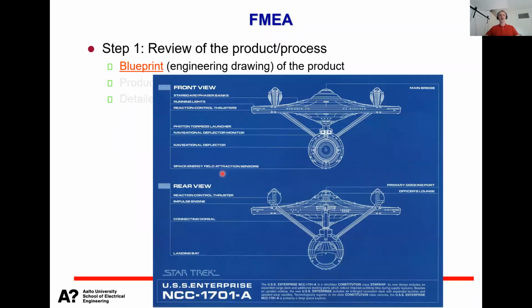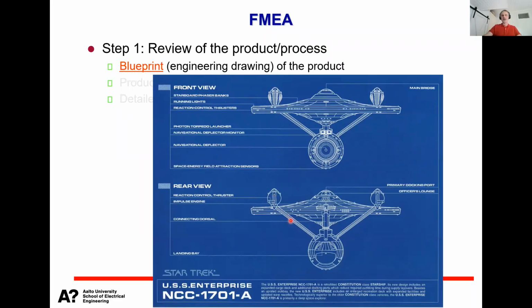So you could also do the FMEA on the Star Trek USS Enterprise, and then of course you need to also have the blueprint of that. Because this is just nice blue colors, that's the reason I took the example.